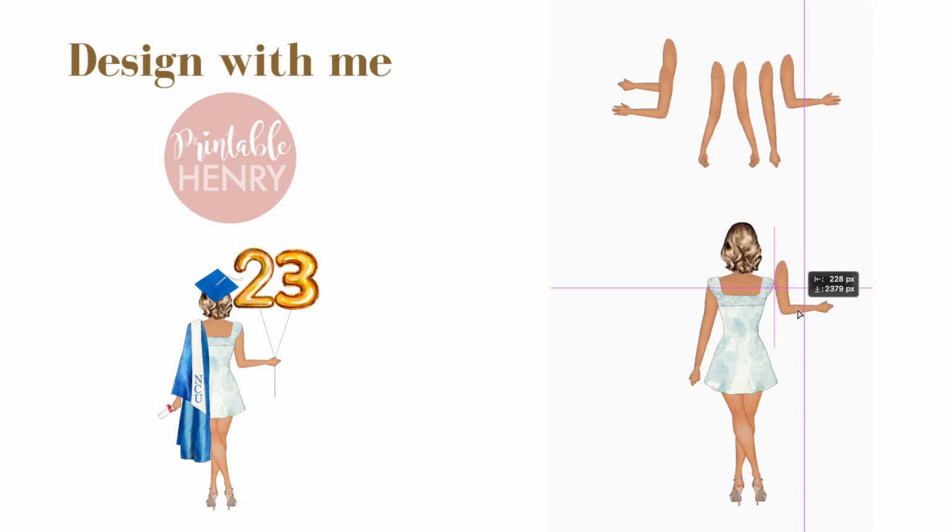Yes, this is the right arm bent. I think this is arm bent, hand closed, tan right is the official name of it. And again, I'm sliding this underneath the layer that has the dress and position a little bit. Okay, so that's how I'm happy with the hair, the body, the dress, the arms, and the legs.